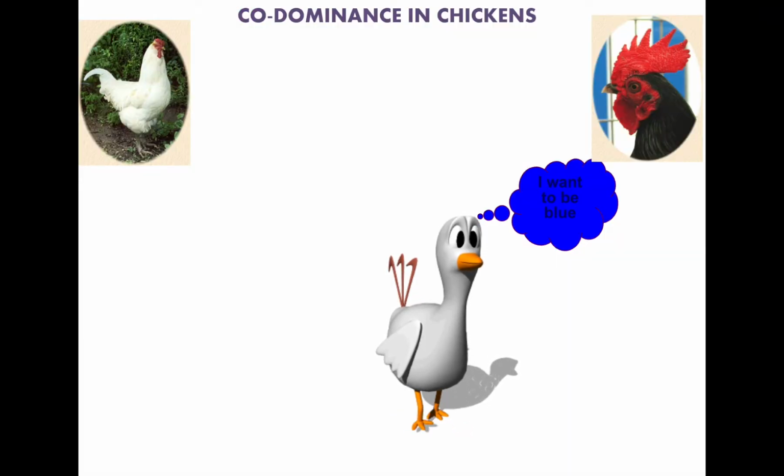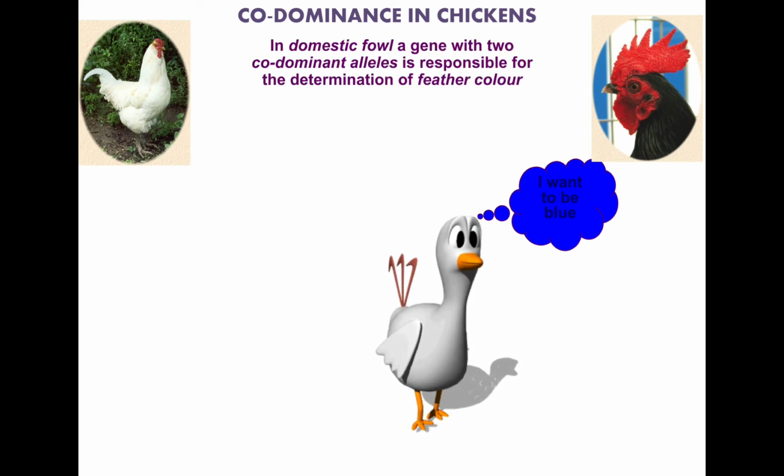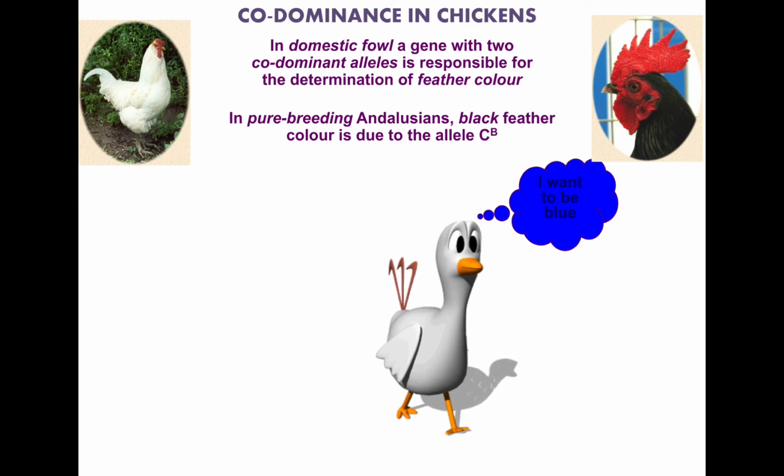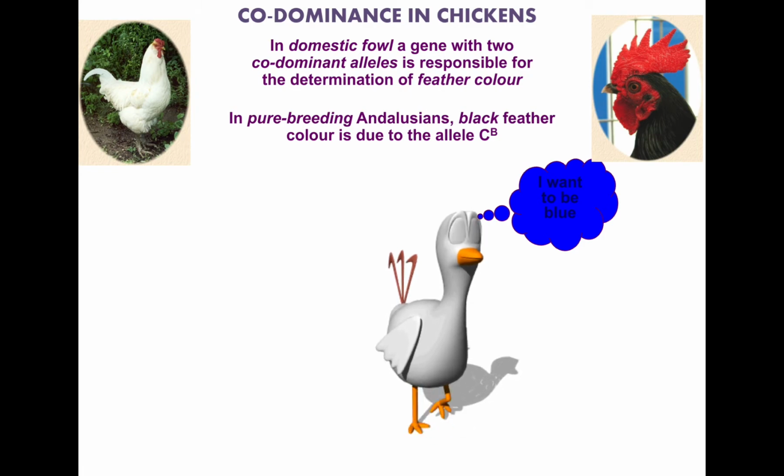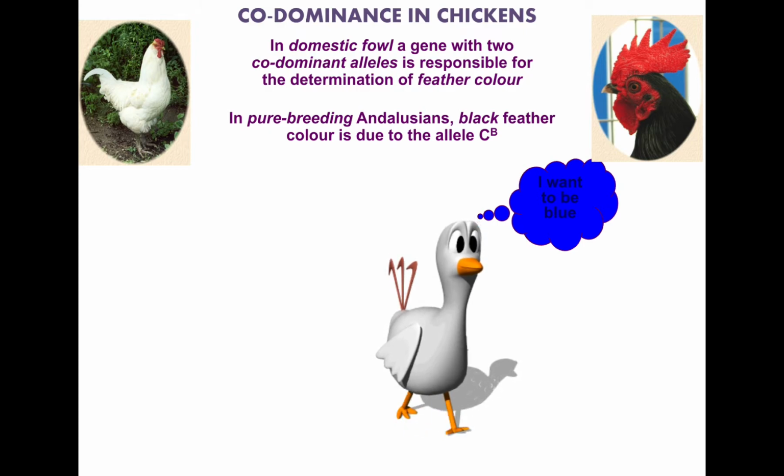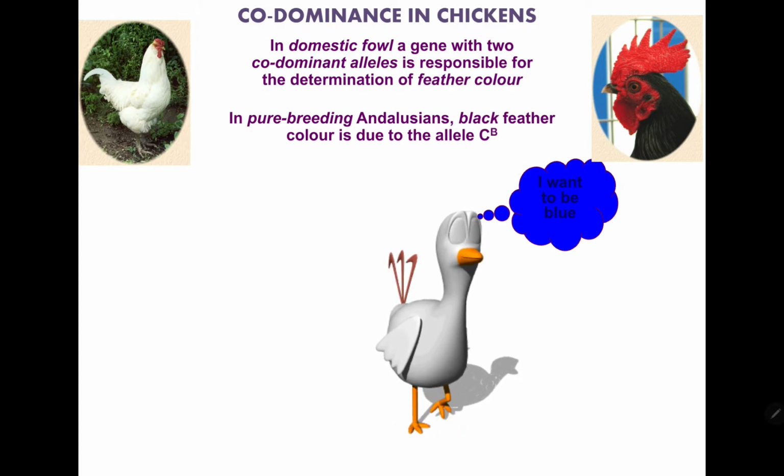This doesn't just happen in flowers. Codominance can also occur in chickens. In domestic fowl, a gene with 2 codominant alleles is responsible for the determination of feather colour. In pure breeding black fowl, we've again got a capital C with a superscript B, the B obviously standing for black.